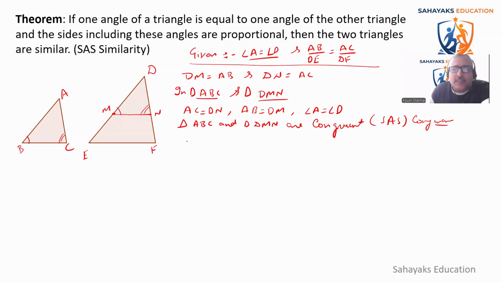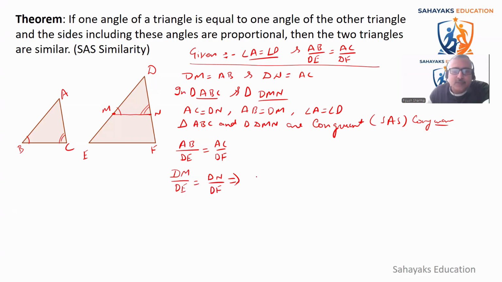Now, we also know that AB by DE is equal to AC by DF. So instead of AB, we can write DM. We can write DM by DE is equal to DN by DF. Okay. And again, we'll do the same thing.